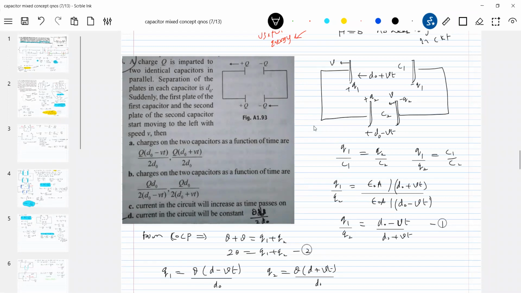There's the equation, sir. Okay, now after this, what about the current? Current in the circuit will be. I think options A and B are not matching. Okay, leave that one. What about the current? How to trace current?